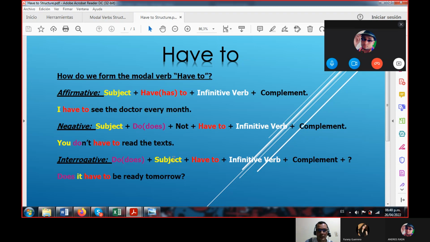Es decir, cumple la regla del presente simple. Y en cuanto a la afirmativa, dependiendo del pronombre que utilicemos, para pronombres en tercera persona, vamos a utilizar el has. Has to. Ok.